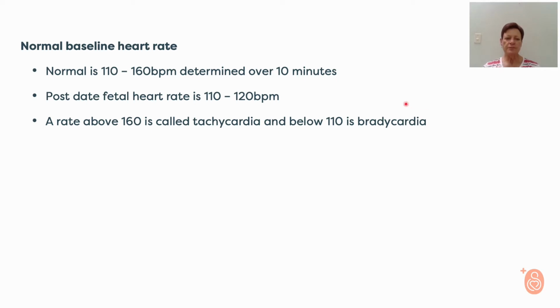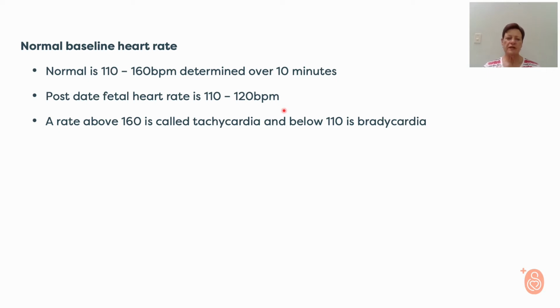What is very important is that in the case of a post-date fetus, the fetal heart rate is much slower. In premature babies, the fetal heart rates are usually much higher, on average 150, even just below 160 beats per minute. But we often get post-date fetuses of 41 to 42 weeks gestation, where we get a normal fetal heart rate of 110 beats per minute.